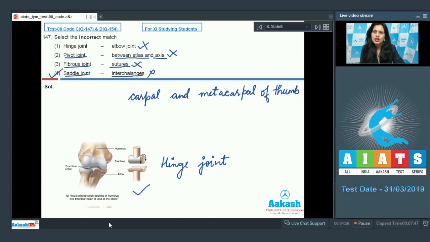As you can see here, this is a hinge joint and it is present in interphalanges. So the correct answer to this question is option number 4. Let's proceed to the next question.